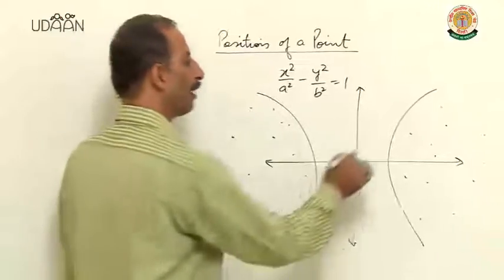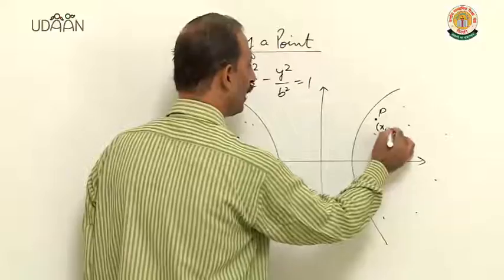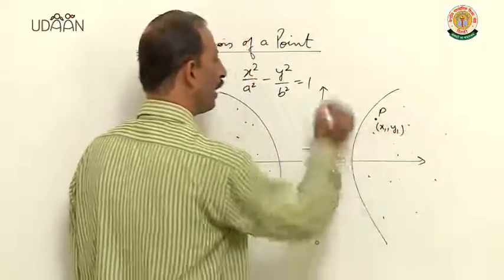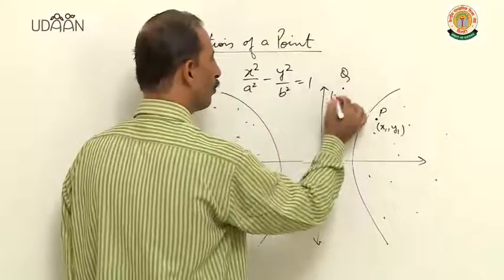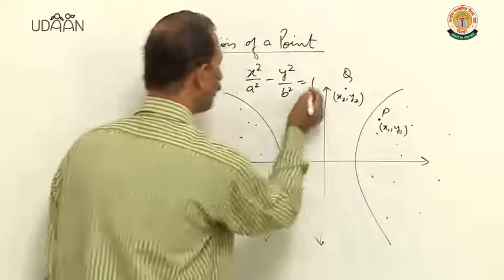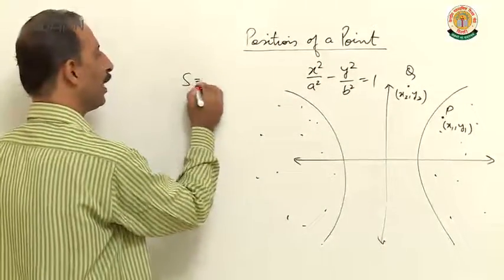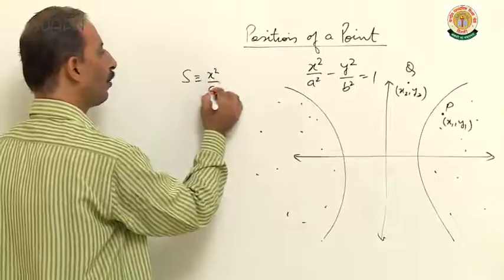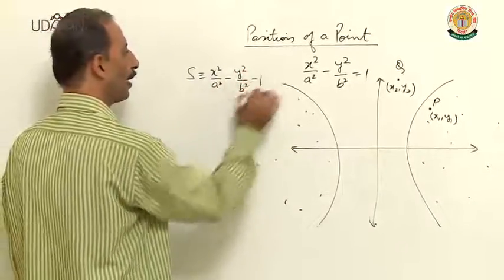And this portion is known as the outside of the hyperbola. Suppose we have taken a point P whose coordinates are x1, y1, and another point outside the hyperbola, say Q, whose coordinates are x2, y2. Now this hyperbola equation I am taking as S. So S will be x square upon a square minus y square upon b square minus 1.